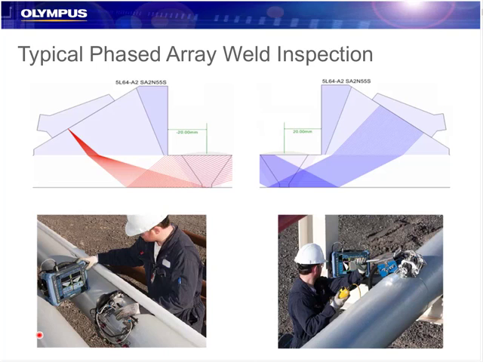And typically we use either a semi-automated scanner, like here on the bottom left, or a fully automated scanner. And this is typically okay because the typical bevels we see in construction welds and other types of welds are fairly prone to being covered with this type of inspection.